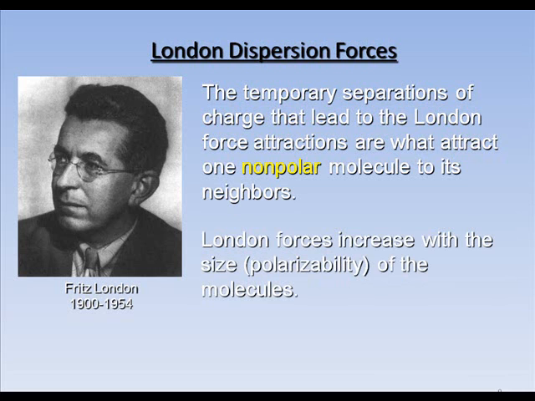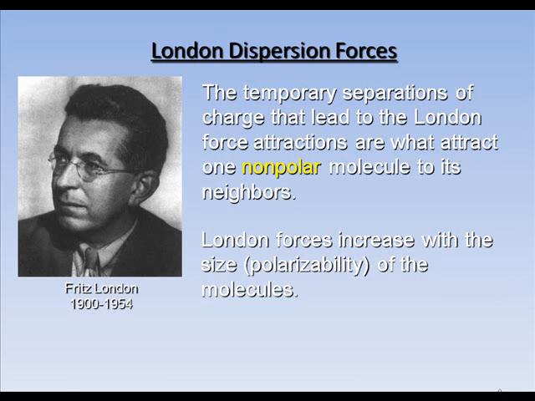Now, the second idea is that the London dispersion forces get greater when the molecules get bigger. And the reason why this happens is if you have bigger molecules, you have more electrons. And with more electrons, a momentary unequal distribution is more likely. Think of a dance floor.